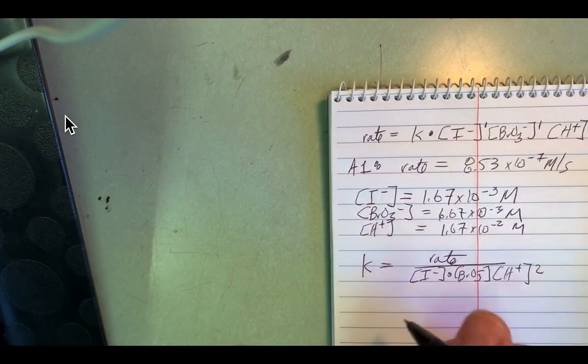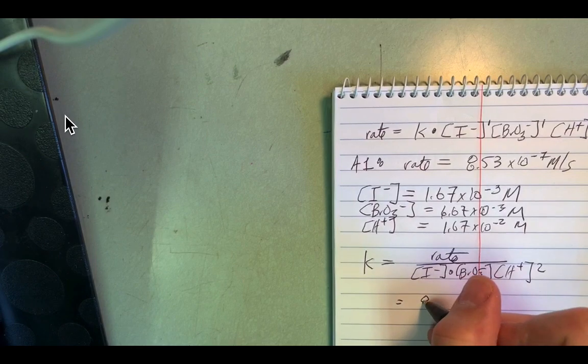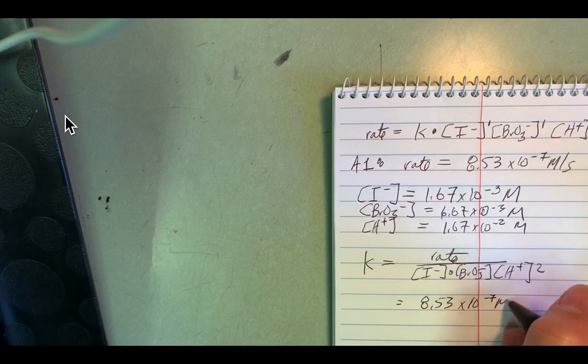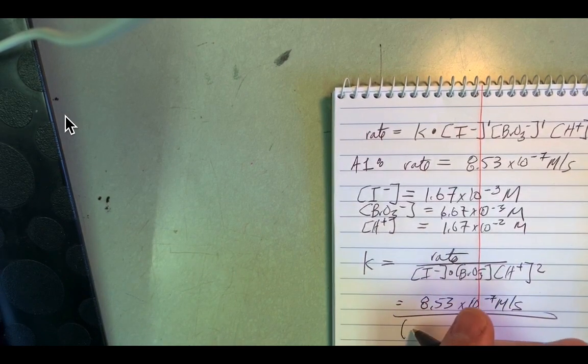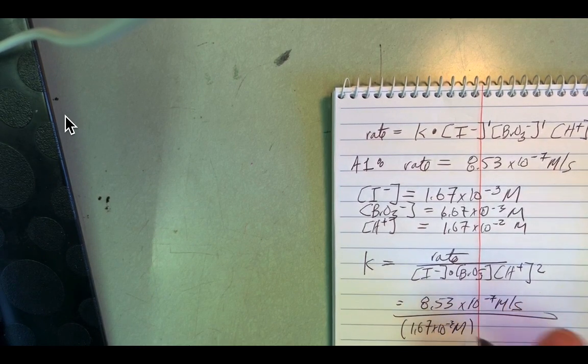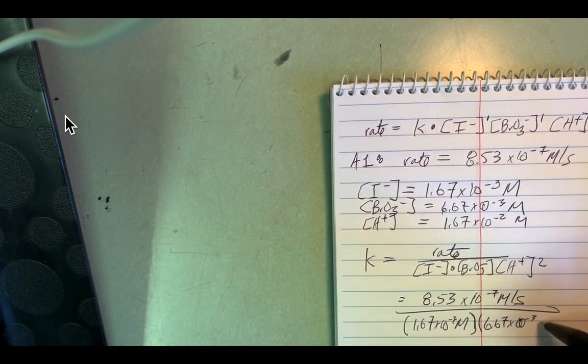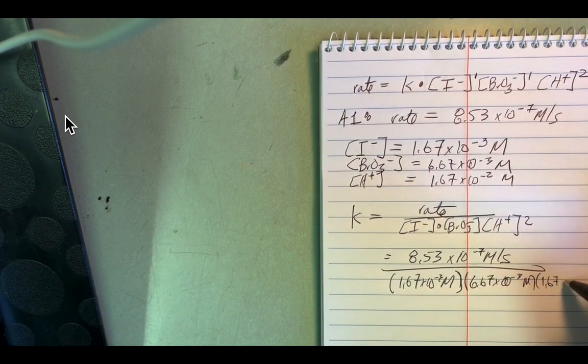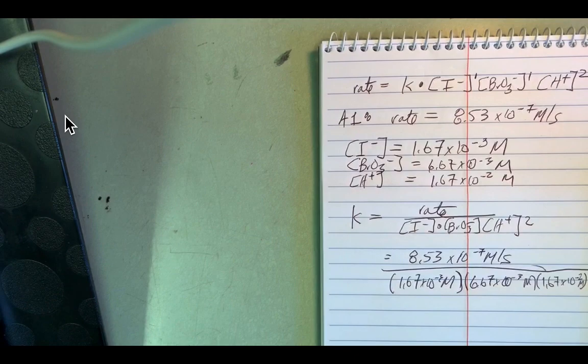Just got to put my numbers in there now. 8.53 times 10 to the minus 7 molarity per second, divided by 1.67 times 10 to the minus 3 molarity, 6.67 times 10 to the minus 3 molarity, and 1.67 times 10 to the minus 2 molarity, and that whole thing, including the unit, gets squared.